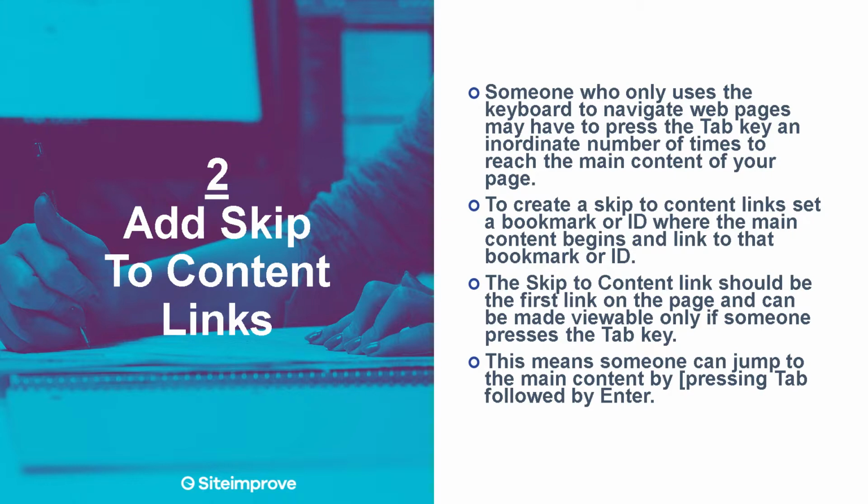It's also important to screen reader users as well, though not as important because we have other ways of bypassing a lot of the navigation menus to get to the main content, but it is important for keyboard users. I tell you how to make the skip to main content link here. You want to set a bookmark or an ID where the main content begins and then link to that ID. And it's really important. It should be the first thing seen by a keyboard user.